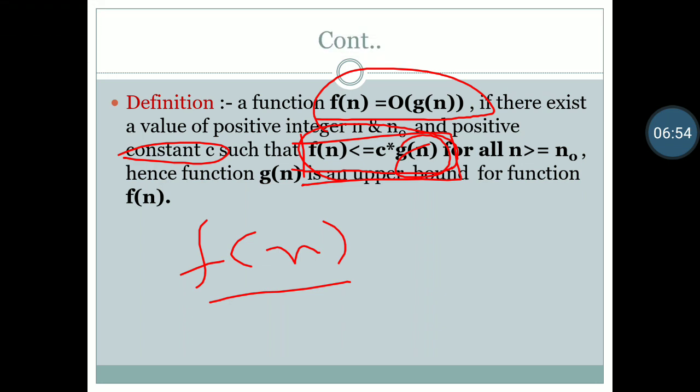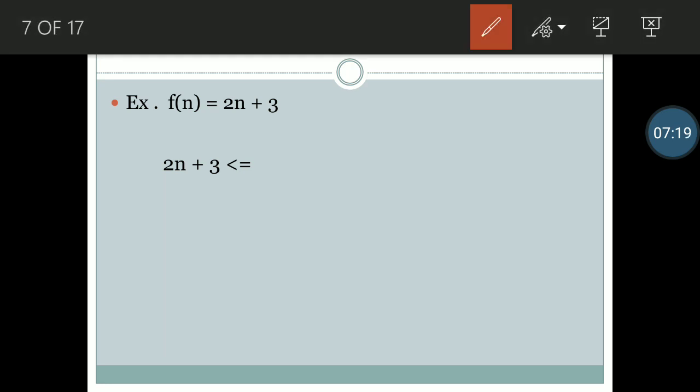Let's understand it with an example. For example, our f(n) is 2n plus 3. For the function 2n plus 3, we have to find a value that is greater than or equal to 2n plus 3, so that this statement can be right.